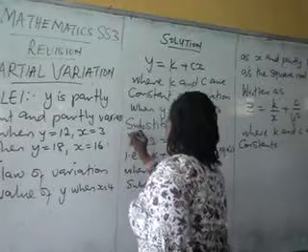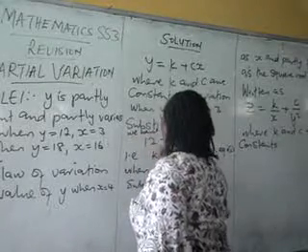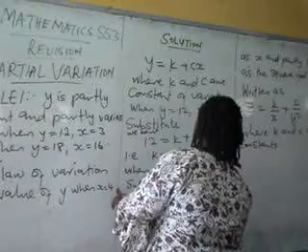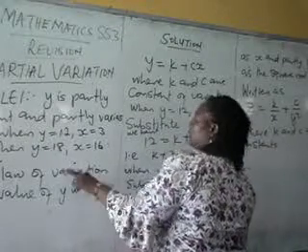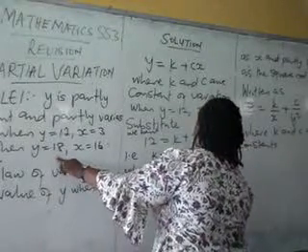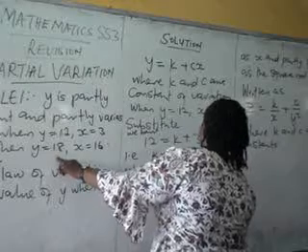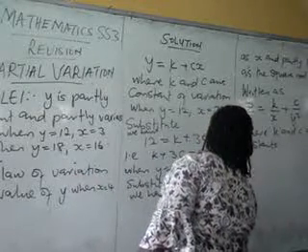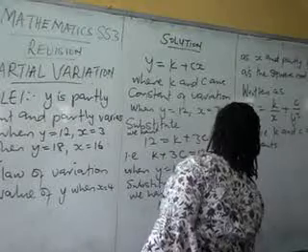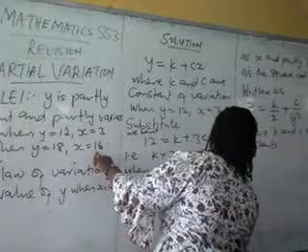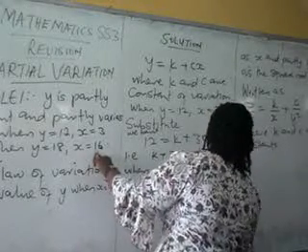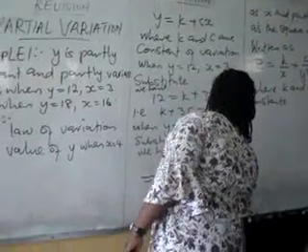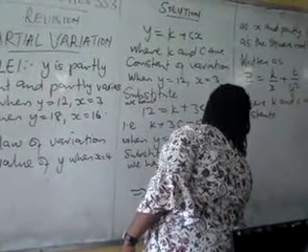Substitute. That is 18 equals k plus 16c, which implies that equation 2 is k plus 16c equals 18.